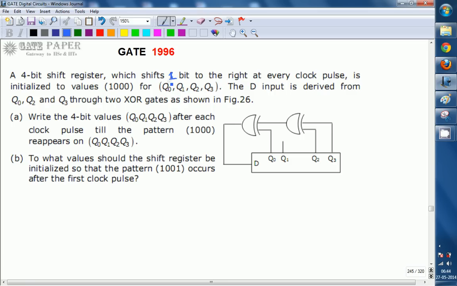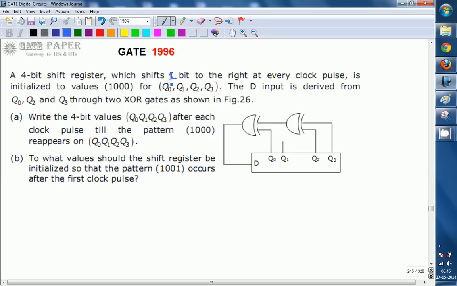It shifts 1 bit to the right at every clock pulse and is initialized to the values 1000 for Q0, Q1, Q2, Q3, and the D input is derived from Q0, Q2 and Q3 through two XOR gates as shown. You have to write the 4-bit values after each clock pulse till the pattern reappears on Q0, Q1, Q2, Q3.